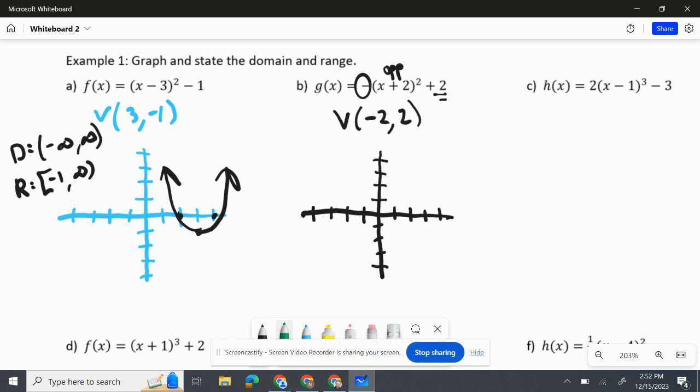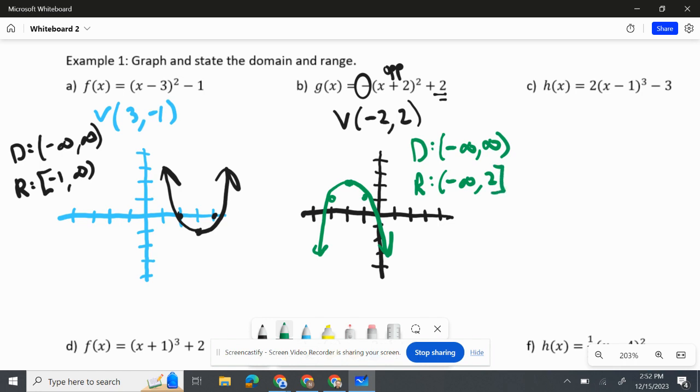We graph our vertex, -2, 2, and then go down 1 and then to the right and to the left. That gives us our graph. Our domain is the same, -infinity to infinity, and our range is -infinity to 2.